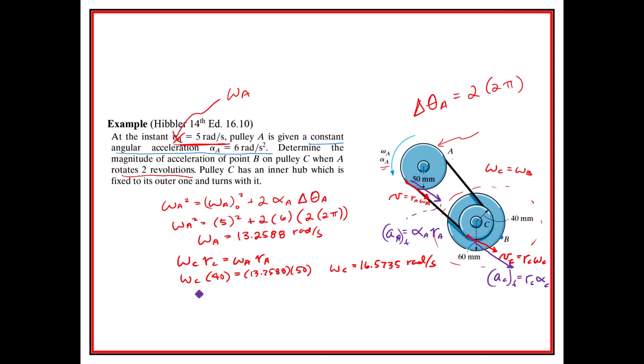So I switched those around. Alpha_C R_C is alpha_A R_A. Therefore, sticking these in here in the same way, we had 6 times our 50, and we get alpha_C is going to be 7.50 radians per second squared.